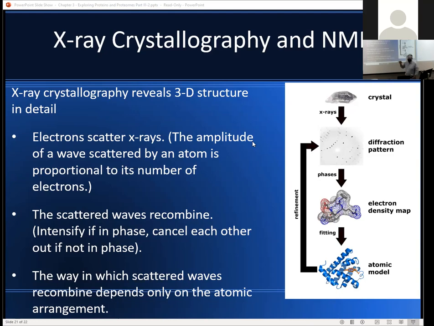Okay, then we shoot X-rays at it, and we either use photographic film or detectors hooked up to a computer to analyze the diffraction pattern. And from that, we can generate an electron density map and then start fitting an atomic model to that.